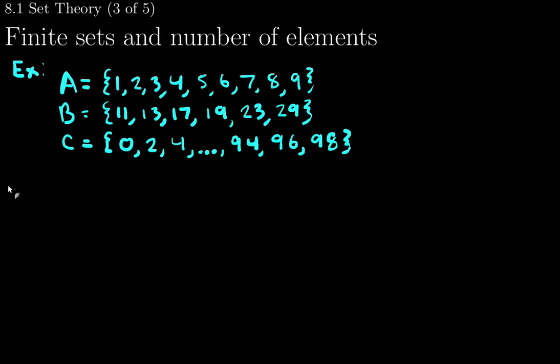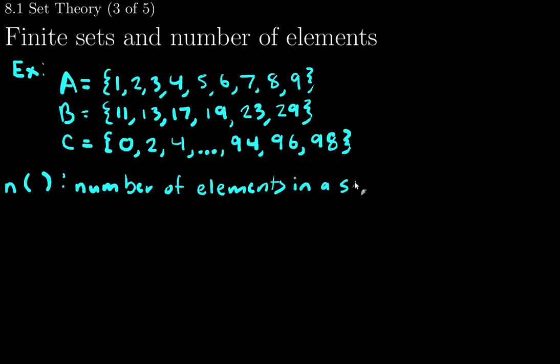So I can actually count the number of elements in this way. This is how I would show the number of elements in a set. So the number of elements in A is going to be 9 elements.